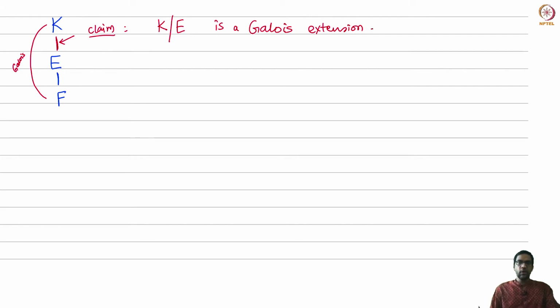That's actually all we need to prove, because let's just complete the proof assuming this claim. Once this claim is established, what does this tell you?